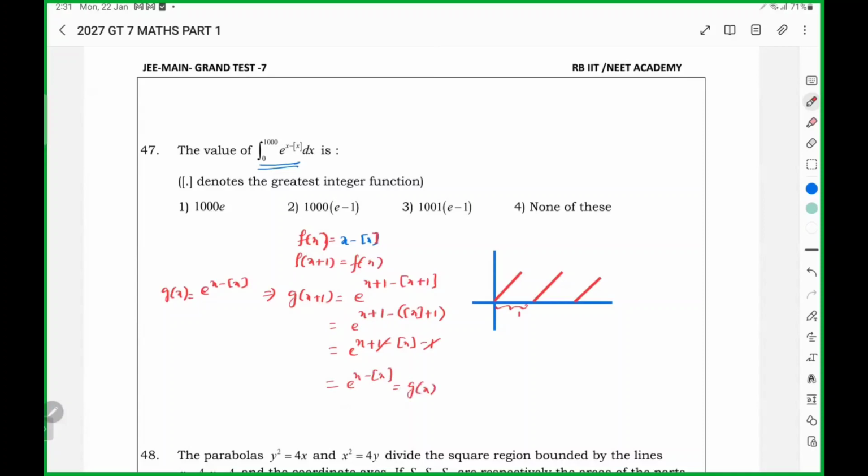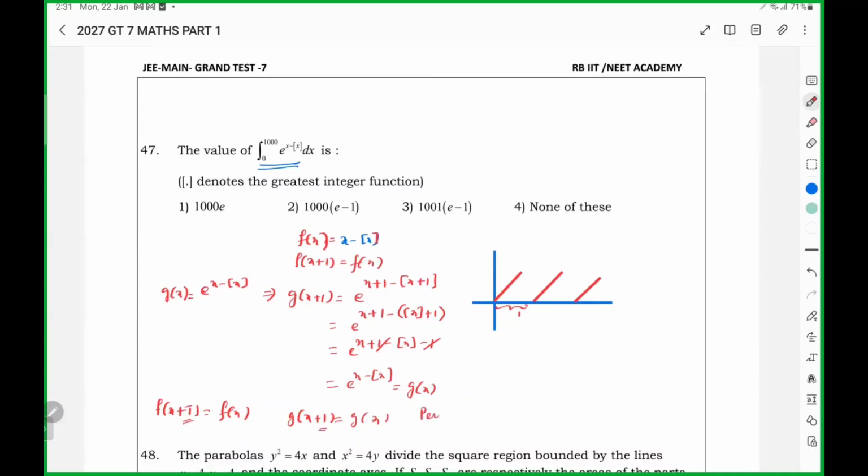That means it is a periodic function. This t is called the period. G of x plus 1 is g of x.